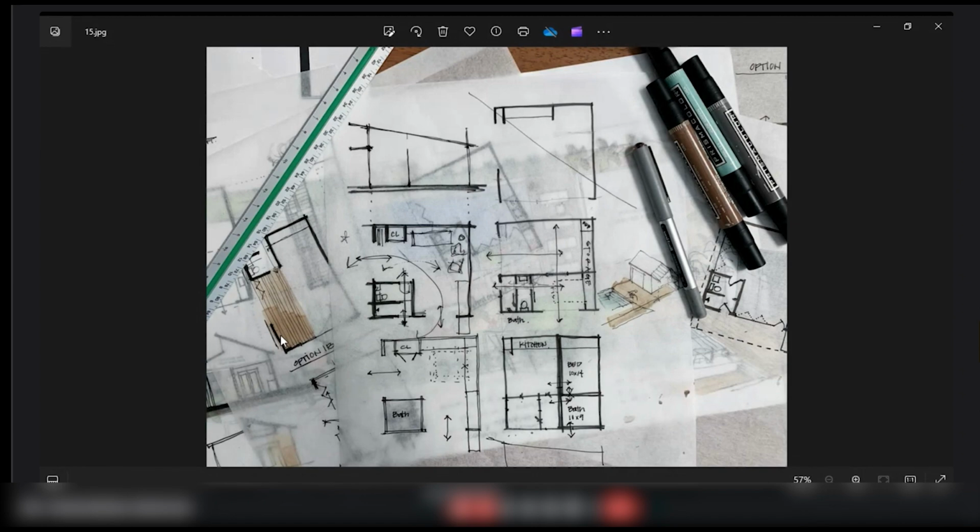So can we move on to the next and final, the most important point of this entire session? Yes, please. So does anyone know what exactly perspective drawings mean?